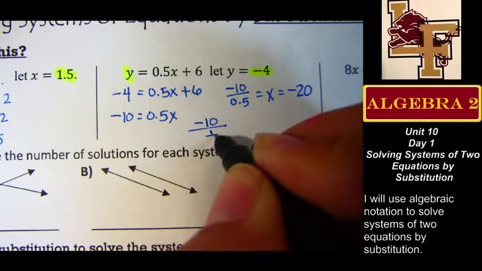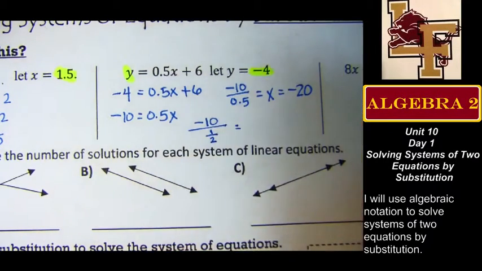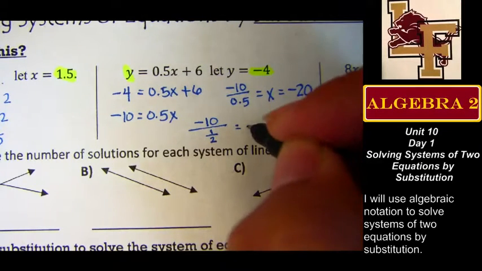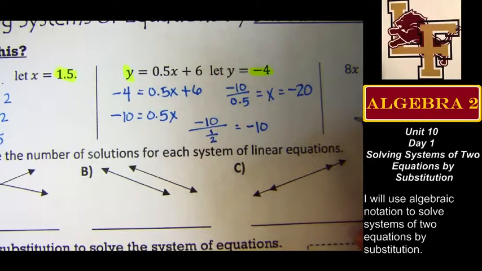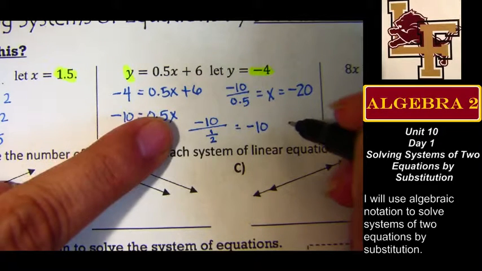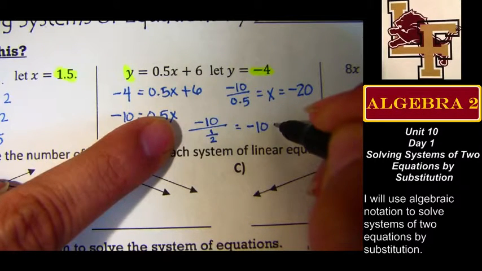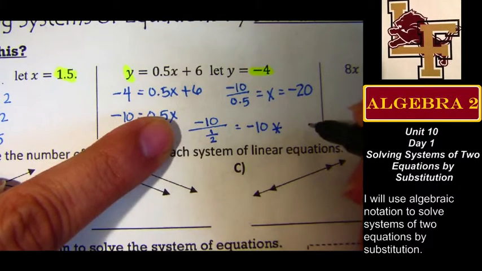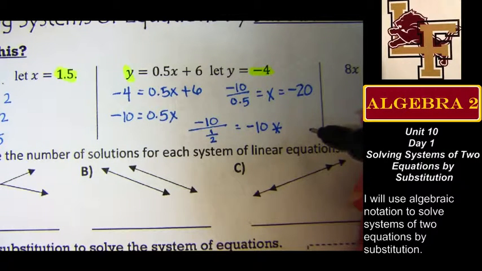Remember that I can replace that 0.5 with a half. Whenever I divide by a fraction, I can take the numerator, leave it exactly as is, replace the division, that first fraction bar, with a multiplication, and then take the denominator and flip it into its reciprocal.